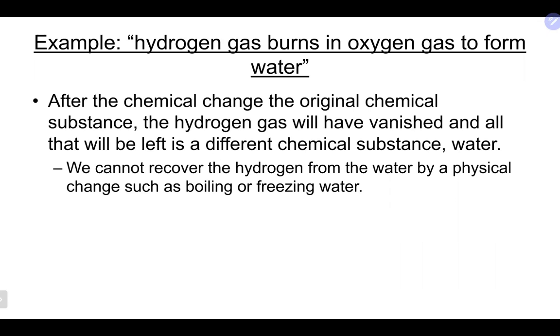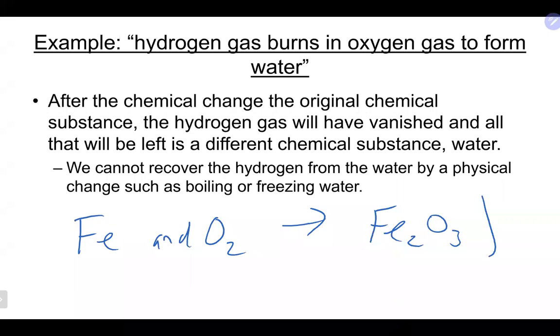When we form something like rust, rust is basically iron and oxygen coming together, and when they come together, it forms iron(III) oxide, which is rust. At that point, the iron and the oxygen are bound together.